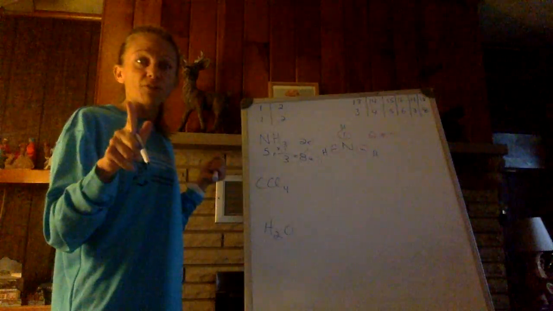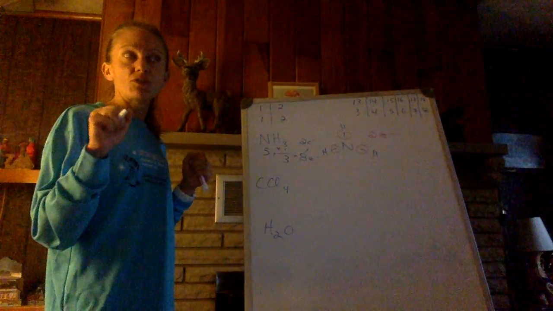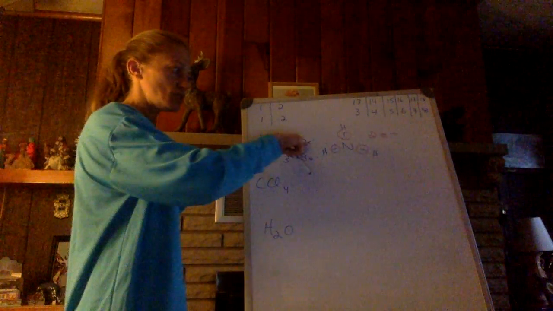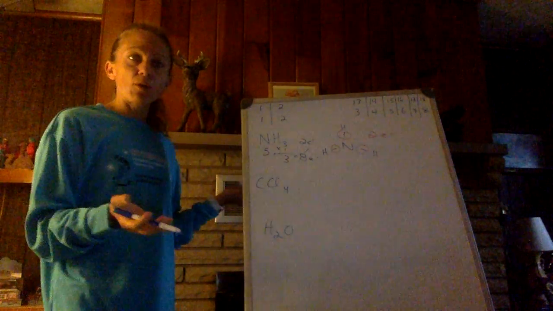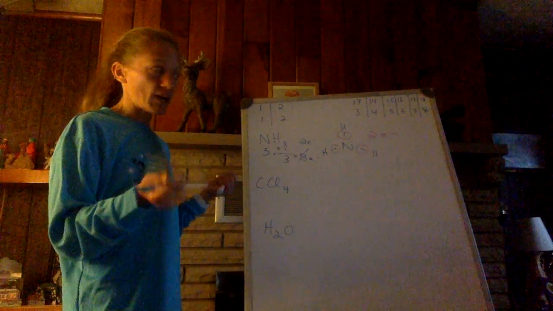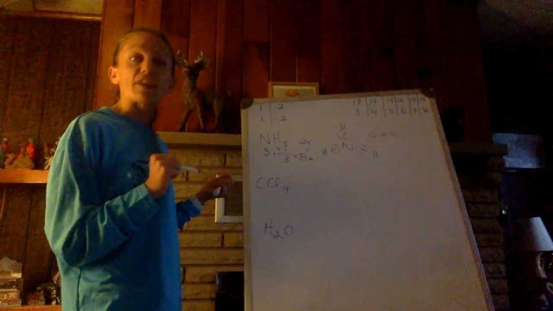Hydrogen only ever wants 1 bond, no dots. Hydrogen, 1 bond, no dots. So, with these 2 extra electrons, where do they go? Well, not on hydrogen. They have to go on nitrogen. And we have that thing called the octet rule, where everything has got to have 8, with the exception of the exceptions, which we'll go over next time.